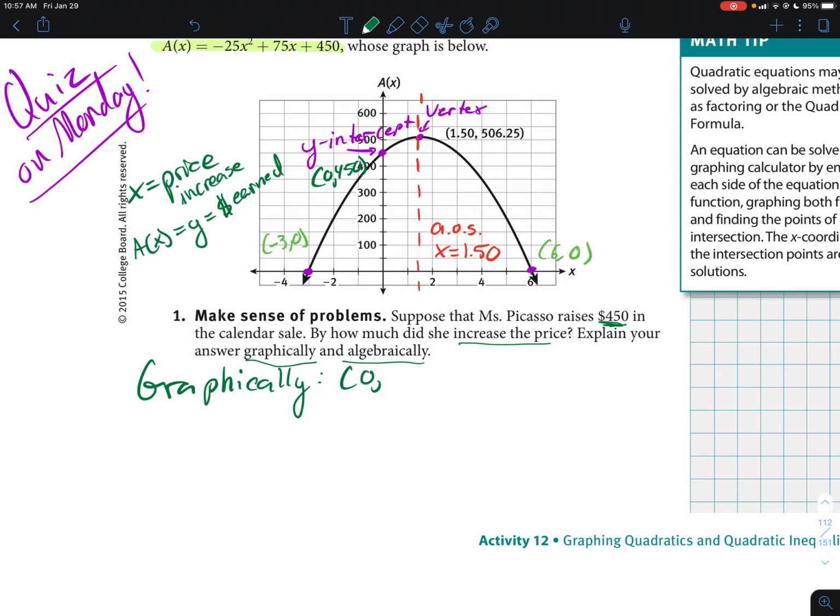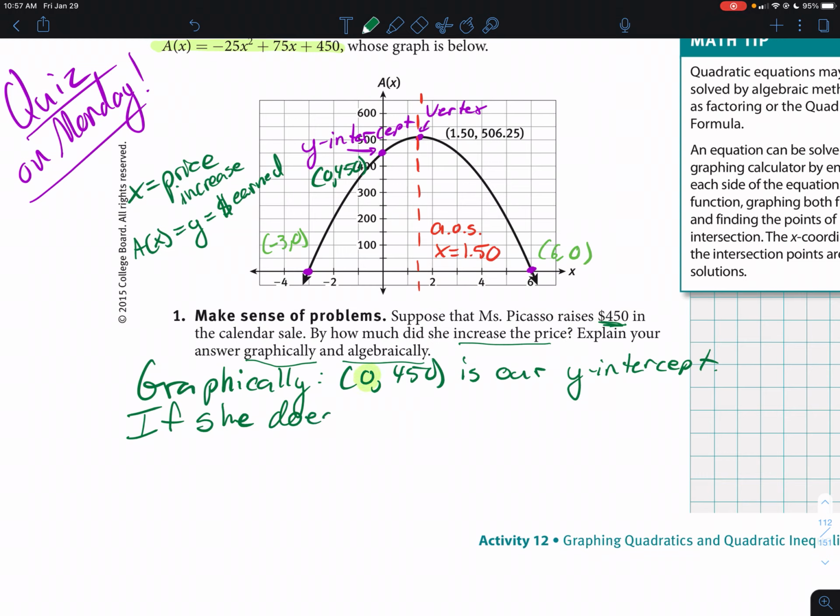So (0, 450), graphically, the (0, 450) is our y-intercept, if she doesn't increase the price. If she doesn't increase the price, because it's 0, right? $0 price increase.